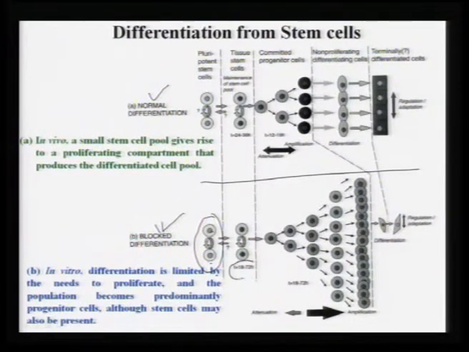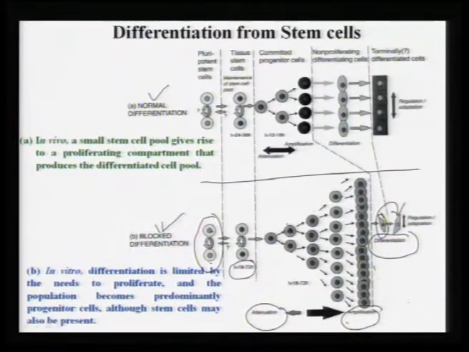In 18 to 72 hours, these two cells will start getting differentiated into different types of cells. As you can see, 1 becomes 2, 2 becomes 4, 4 becomes 8, 8 becomes 16, and so on. Then, after this amplification, one particular cell type goes to another particular cell type by a differentiation process. So, this is one type of differentiation, known as blocked differentiation.